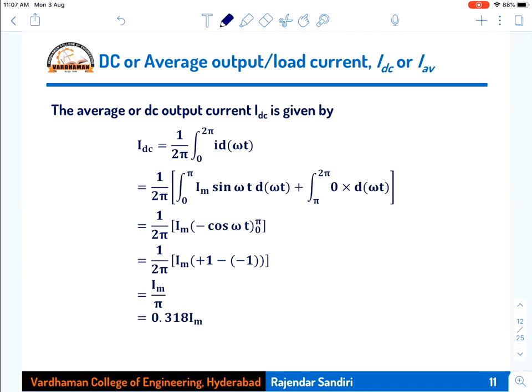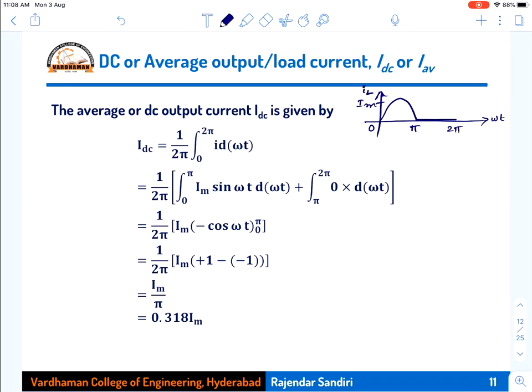The output waveform will be like this: 0 to pi, pi to 2 pi, omega t. This is Im, this is your IL.